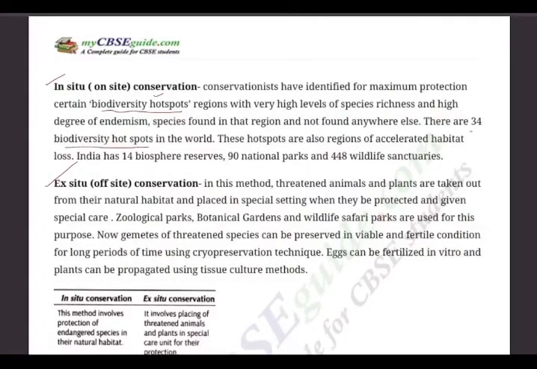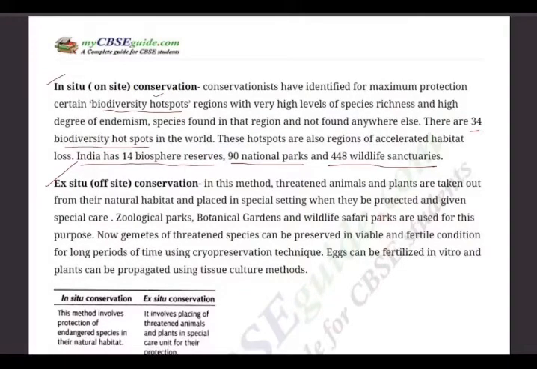There are 34 biodiversity hotspots in the world. These hotspots are also regions of accelerated habitat loss. And we are proud to have 14 biosphere reserves, 90 national parks, and 448 wildlife sanctuaries. So these are the ways that we can conserve the biodiversity.